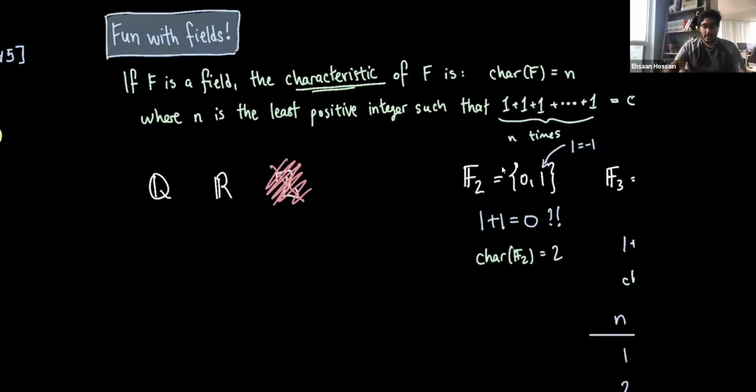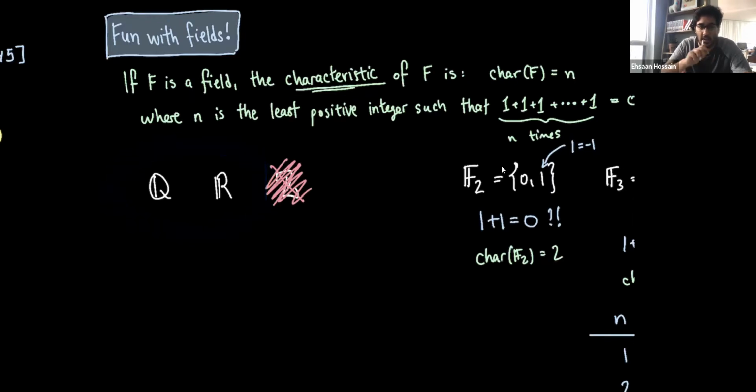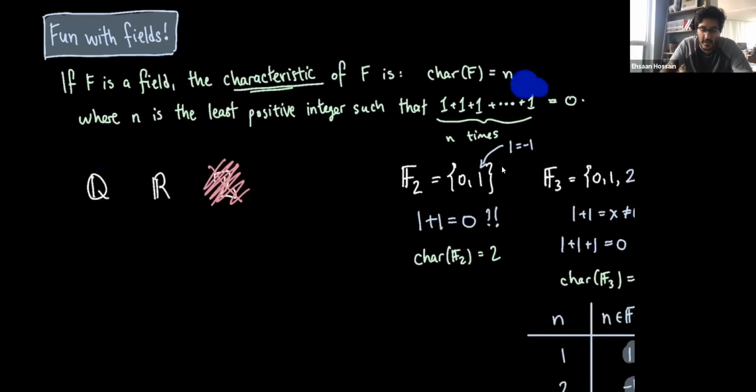Okay, I'm back. So here are two infinite fields. What's the characteristic of these two fields, by the way? What's the characteristic of Q? It's the least positive integer that when you add 1 up a bunch of times, you get 0. Can you even do that in Q?